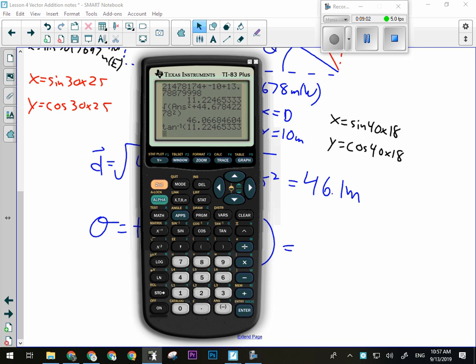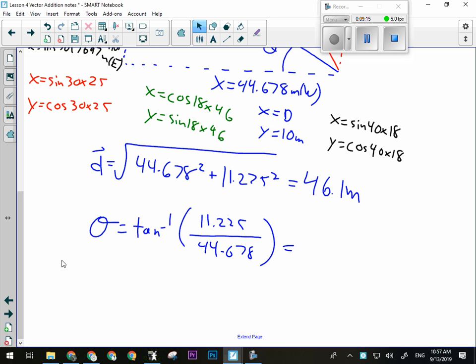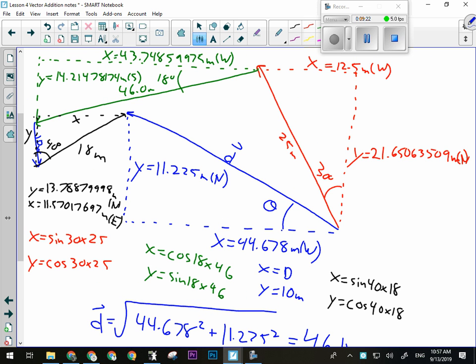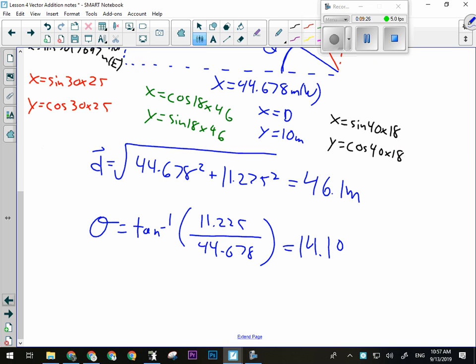All right, so I'm getting 14.1 degrees, which is what the key had too. And according to my diagram, that is measured from west going north, so north of west.